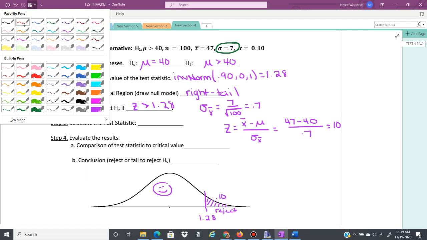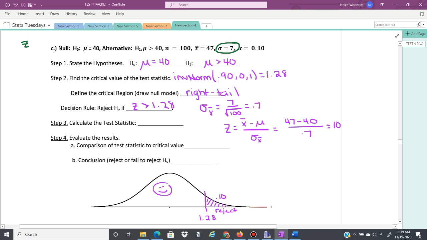All right, so our test statistic is way out here, which means we reject. So our z is 10. 10 is greater than 1.28, which means we will reject the null.